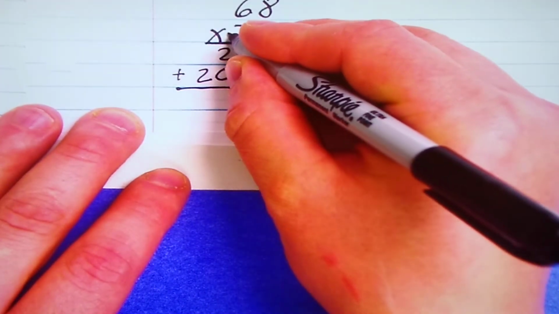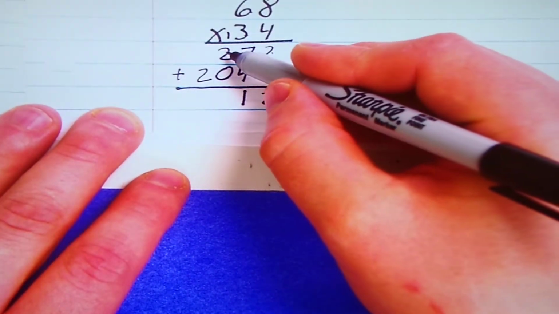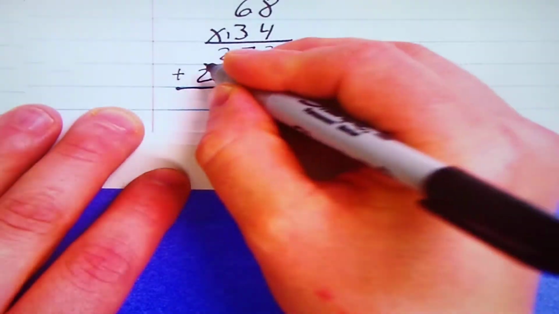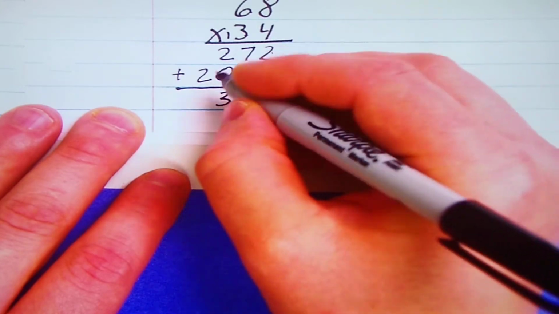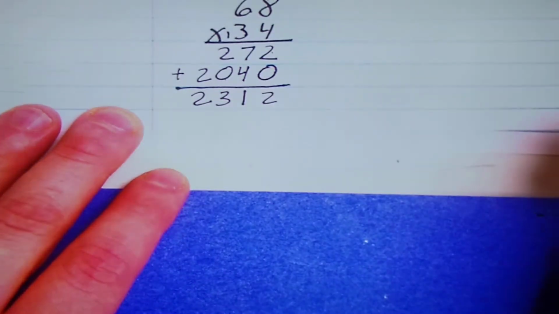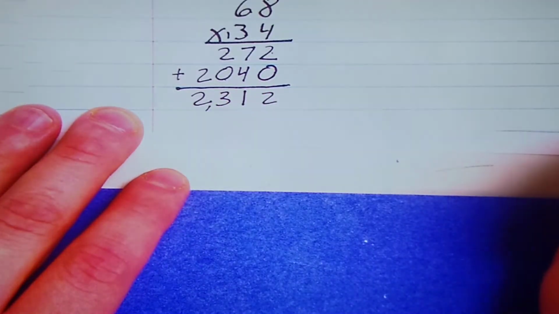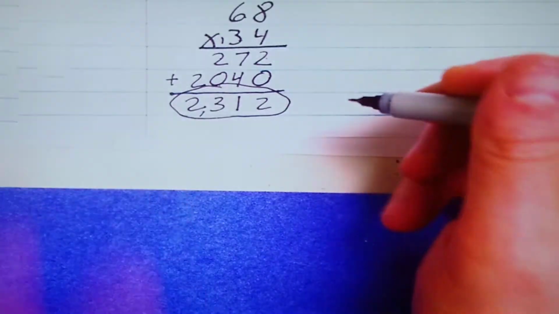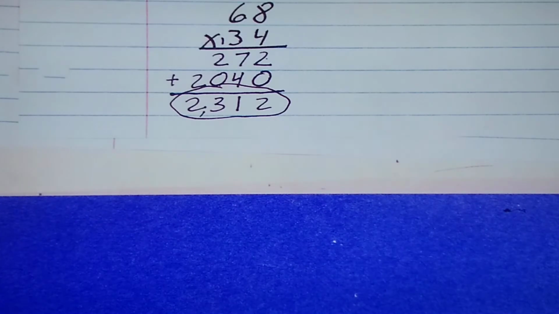Bring down the 1, carry the 1. 1 plus 2 equals, well, plus 0 equals 3. And then nothing plus 2 equals 2. So, there we have it. 2,312 is your final answer.